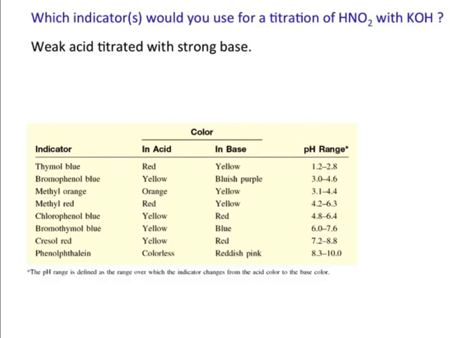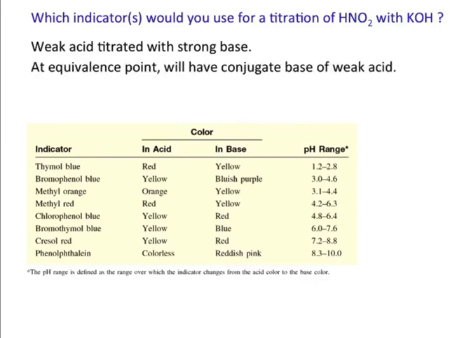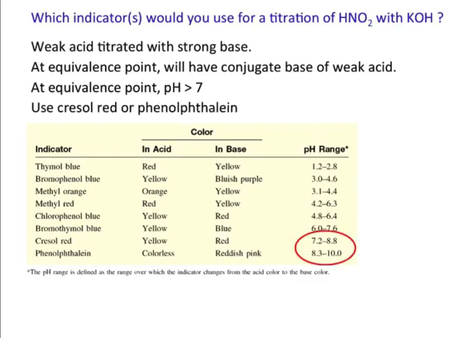So this is a weak acid titrated with a strong base, potassium hydroxide. So at the equivalence point, we're going to have a conjugate base left around, and that's going to make the solution basic. So our pH is going to be greater than 7, and so we want to choose indicators that change color around pH 8 or 9, something like that. And so cresol red or phenolphthalein are probably good choices for this titration.